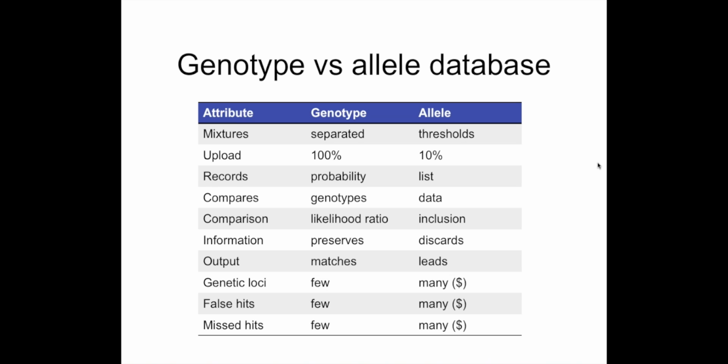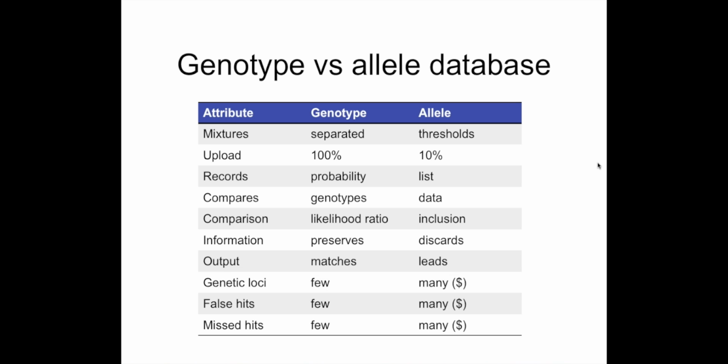And comparisons are made from genotype to genotype, whereas by having lists of peaks over threshold that are standing in for the data of the whole sample, the comparison on allele databases is being made between all the data from one EPG to all the data on another EPG as long as the peaks are over threshold.